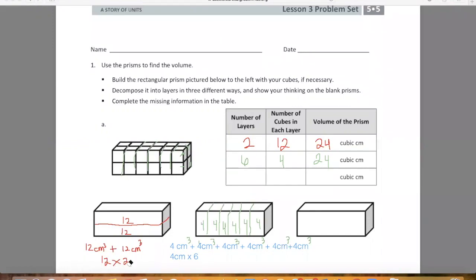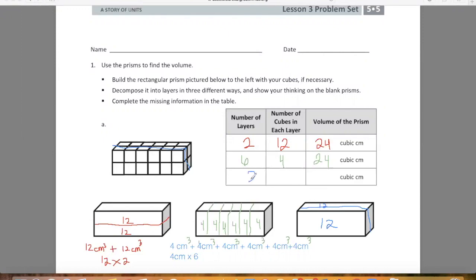And finally, if I take a look at my drawing or the model that they gave me, I can see another way to break down the layers is if I look at it this way. So going this way, I have 2 layers, and I can count the front face to see how many cubes are in the front. So 2, 4, 6, 8, 10, 12. 12 up front, and then there are also 12 on the back.